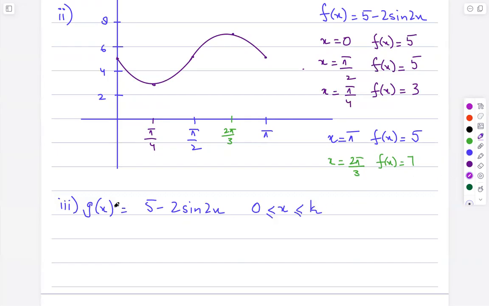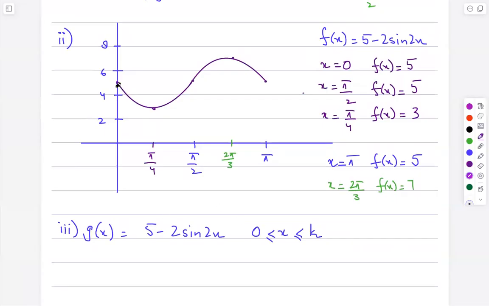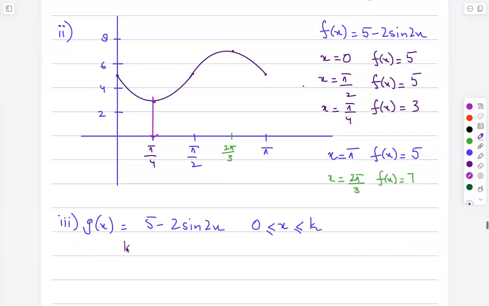For the function g to have an inverse, it must be a one-to-one function. As x is starting from 0, the maximum value till where the function is one-to-one is pi upon 4. So we can say that the value of k will be equal to pi upon 4.